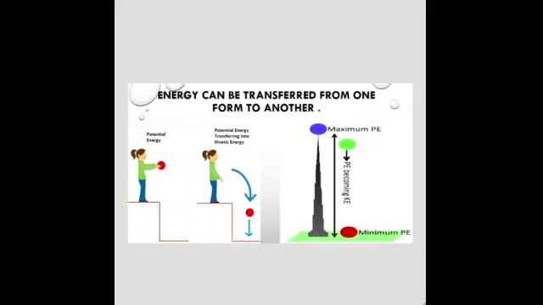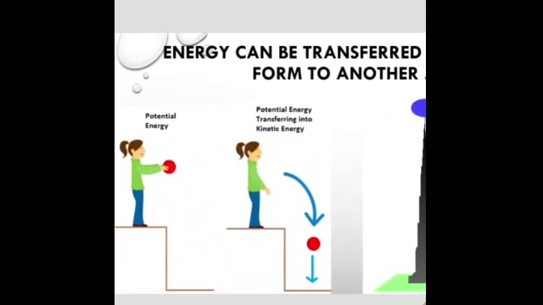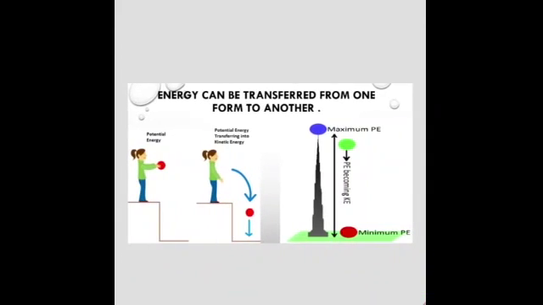How? Look at this example. This girl is holding a ball and she is standing at some height. At this height and at this position the ball has potential energy.